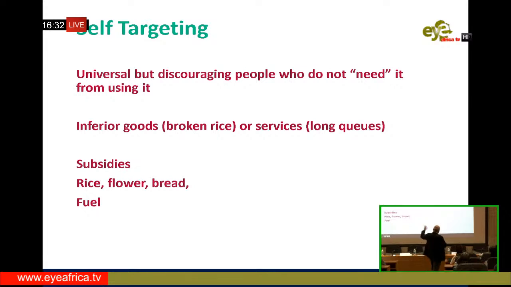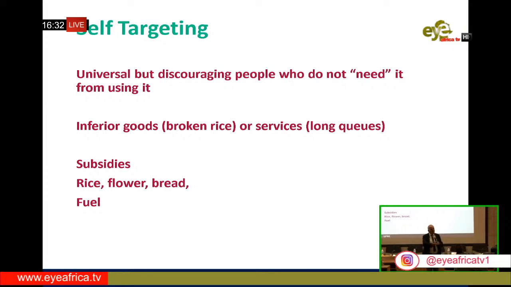But subsidies are also a form of self-targeting. You usually don't realize that, and especially the Ministry of Finance doesn't realize it in all countries. But it's actually a form of self-targeting. If you subsidize sugar, as is done for example in the Maldives, then you subsidize the people who consume more sugar than others.